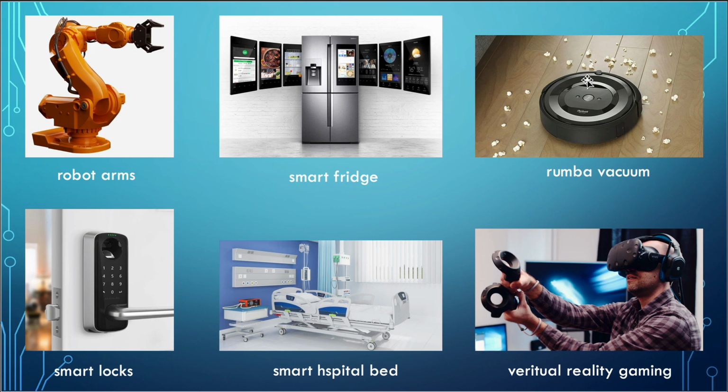If the command is already there to move forward, it means the proximity sensor hasn't detected anything in front of it, so there are no barriers to overcome. It can just move forward. That means those data will be passed into the IoT embedded system inside this Roomba. It will be processed, and the commands will be given to the motor to move forward. The motor will spin up and the wheels will allow it to move forward.